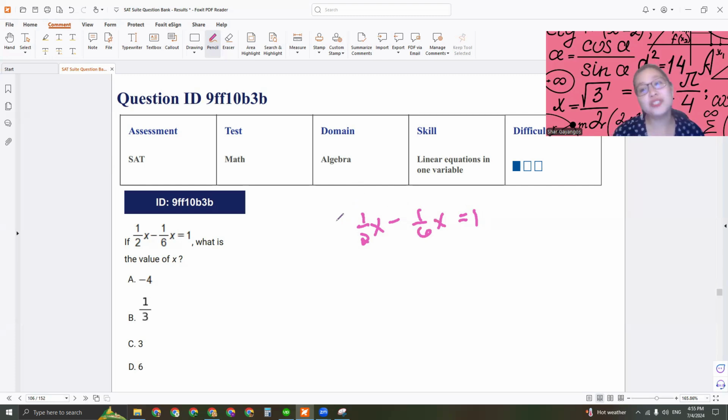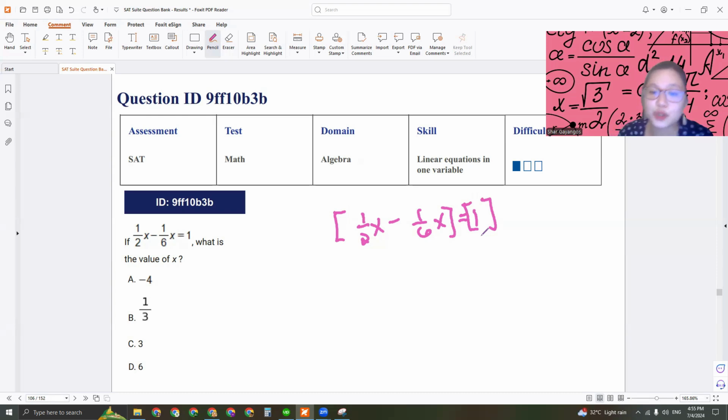But what do you do in general? Whenever you're dealing with equations that involve fractions, the goal is to eliminate the fraction, right? It's up to you, but if you're used to using fractions, then good for you. But in general, what we want to do is take out the denominator by multiplying both sides by the LCD.